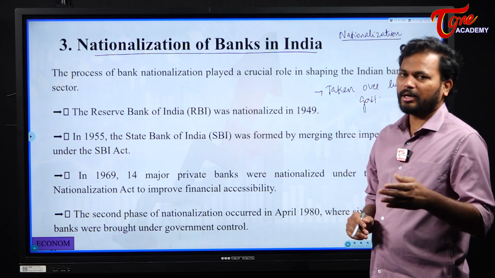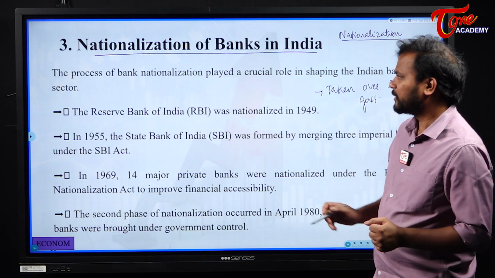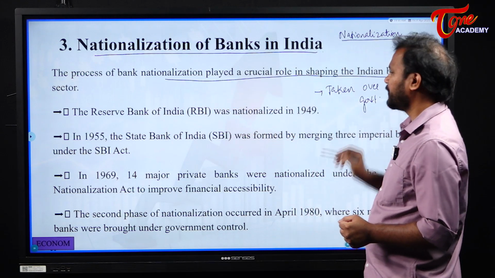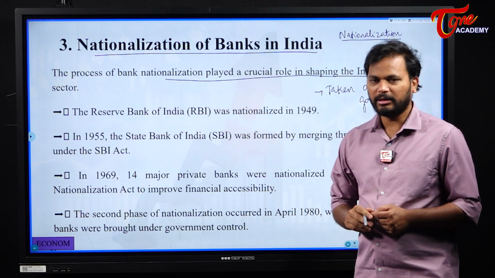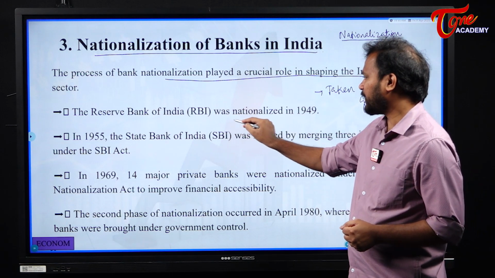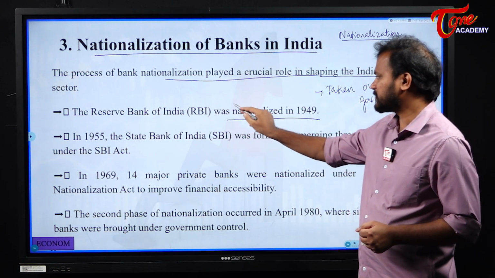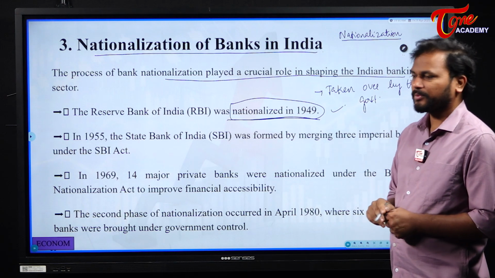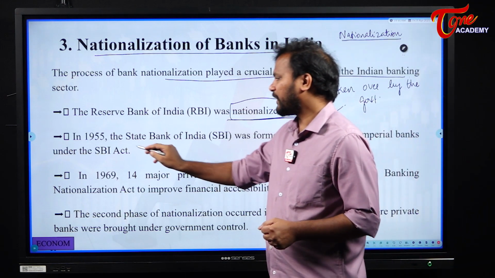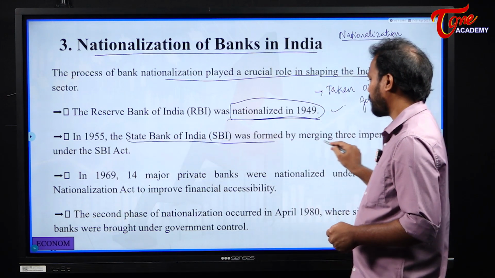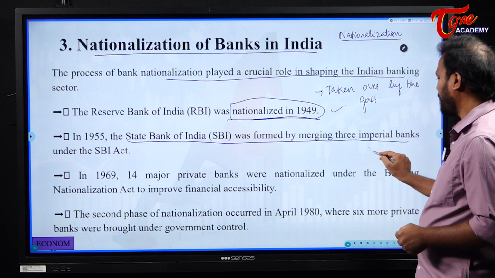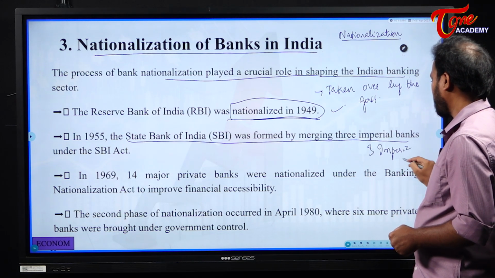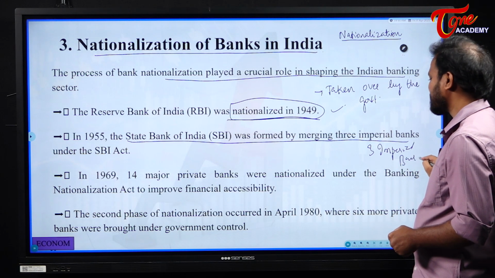Within the banking system, the process of bank nationalization played a crucial role in shaping the Indian banking sector. Initially in 1949 the RBI was nationalized. Later in 1955 the State Bank of India was formed by merging the three imperial banks, or the presidency banks.